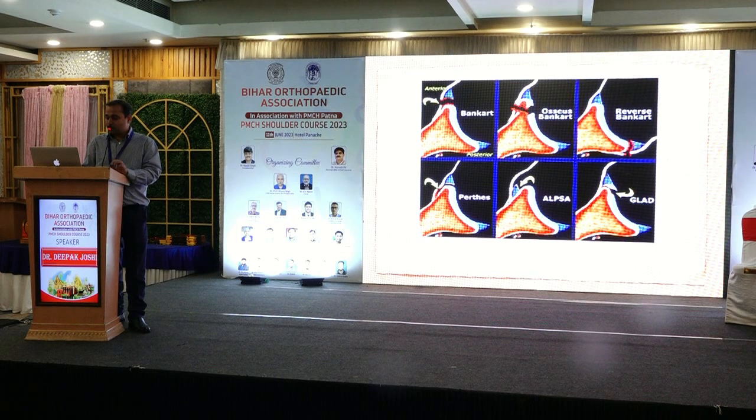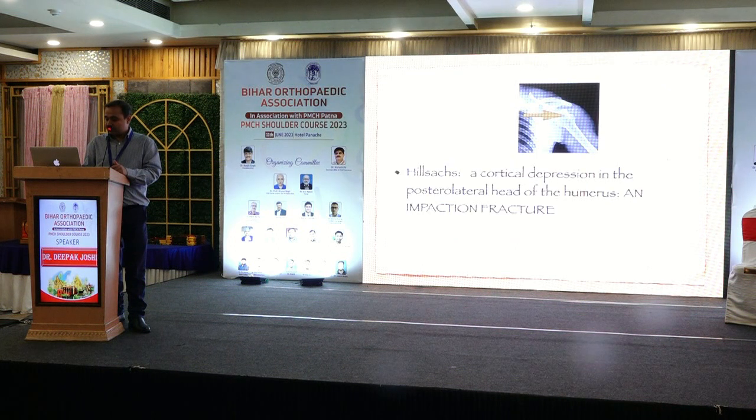The typical lesion that most of us see is the ALPSA lesion, where the labrum and the periosteal sleeve are avulsed and go down to the level below the glenoid. We can also have a GLAD lesion, where there is an articular defect along with the lesion.